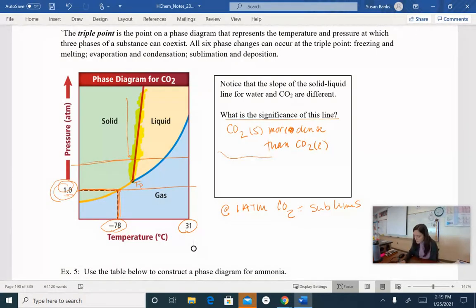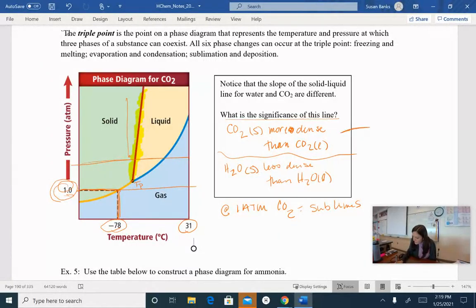And water is the flip side. Water solid is less dense than H2O liquid. That's what the different slopes on those lines mean, okay?